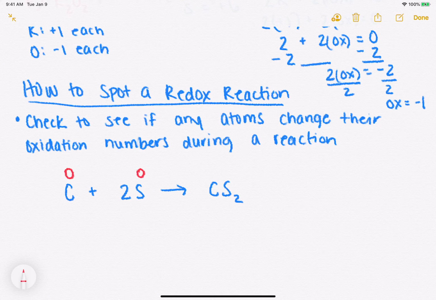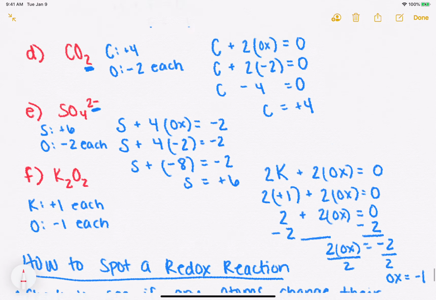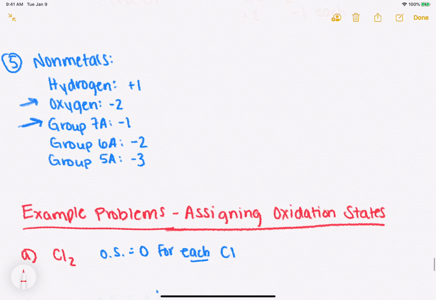Now we have to solve for CS2. So rules number 1 and 2 don't apply. We can go straight to rule number 3, which is that the oxidation state of carbon has to be added to the oxidation states of both sulfurs to equal 0. Rule number 4 only applies to metals, which we don't have. Rule number 5, we can go up here to the nonmetals. We don't have any hydrogens. We don't have any oxygens.